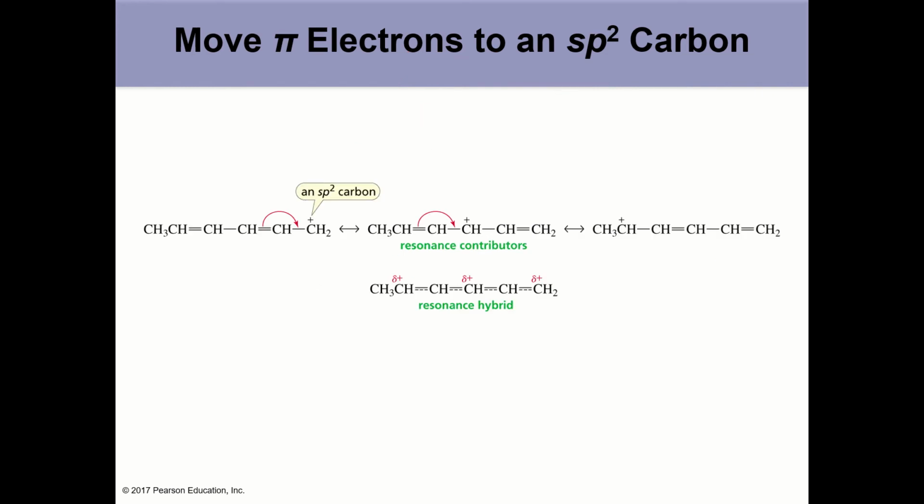Moving pi electrons, continued. So we can move pi electrons to allylic carbons that are sp2. And if we number out the atoms, atoms 2, 3, 4, 5, and 6 are all sp2.